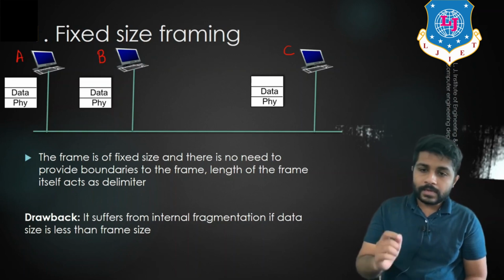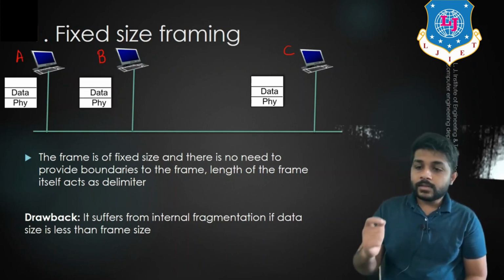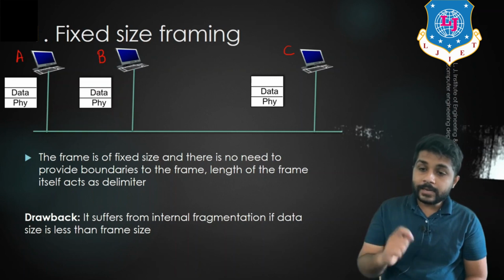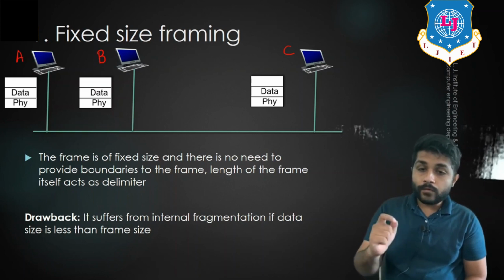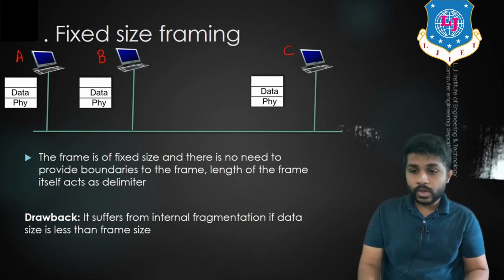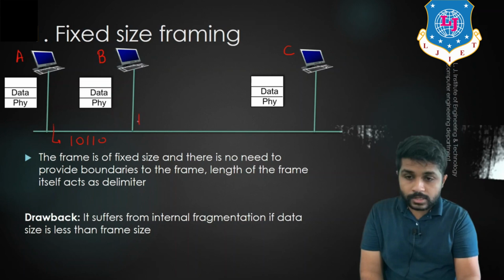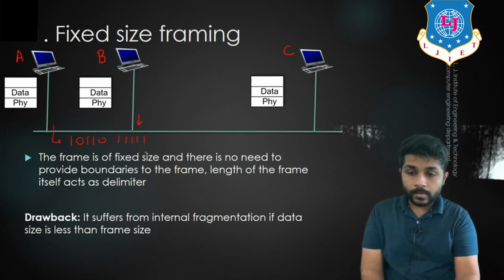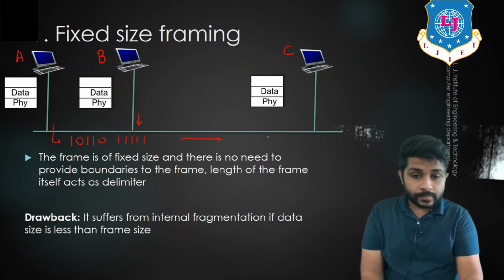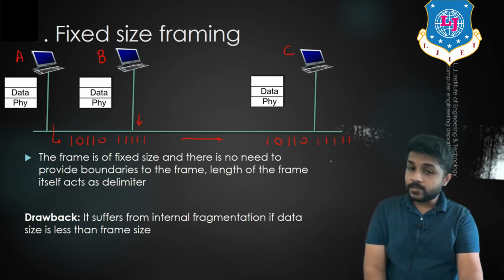For example, in this case, let's consider that devices A and B are sending data of a fixed 5 bits. So A is sending data, let's say 5 bits, which is 10110. B is also sending data which is 11111. When this stream of bits is received by C, it is 1011011111. So this stream of bits is received by C.